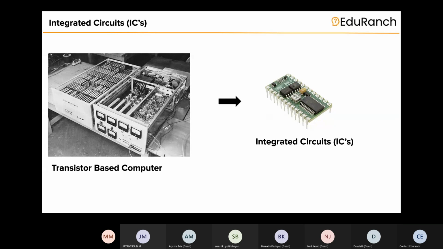Integrated circuits reduced the computational capabilities of transistors further into a small chip, a 1-inch chip. The whole size of this transistor deck got reduced to such a small chip called an integrated circuit. In some cases, we also call them IC or microprocessor or chips.